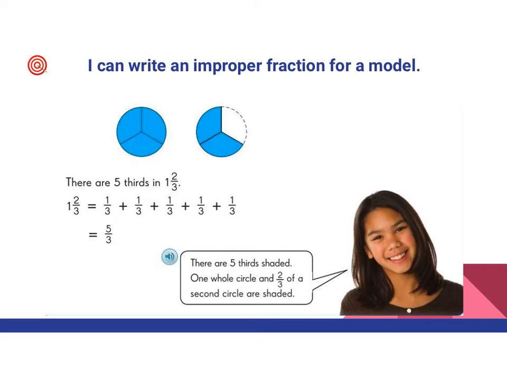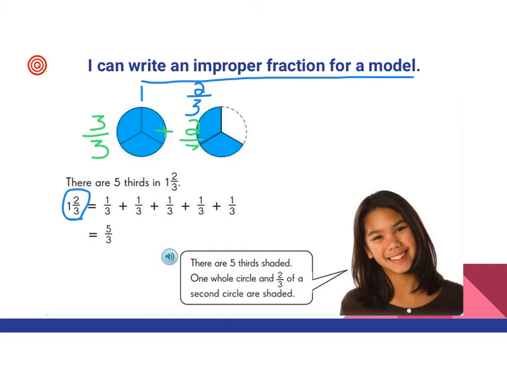So, as far as our target, if I write an improper fraction for this model, I'm noticing here with this model that I've got 1 whole and 2/3 of another, so 1 and 2/3. If I think of it strictly in thirds, over here, all 3 of the thirds are blue, and here, 2 of the thirds are blue.